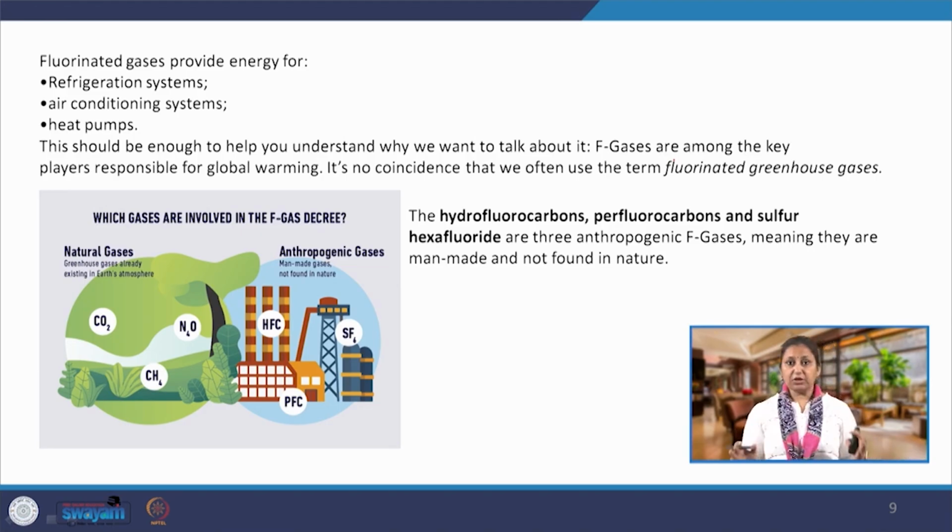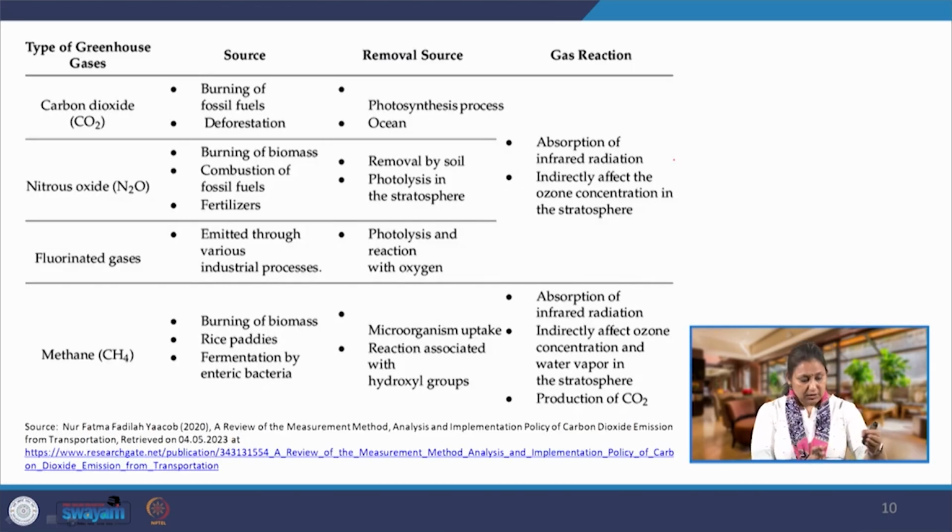Earlier, we were not using these systems to provide comfort inside the buildings, but now we are depending more and more on them, which implies that we are using more and more fluorinated gases. Now, let us quickly go through the sources of emissions of different gases.